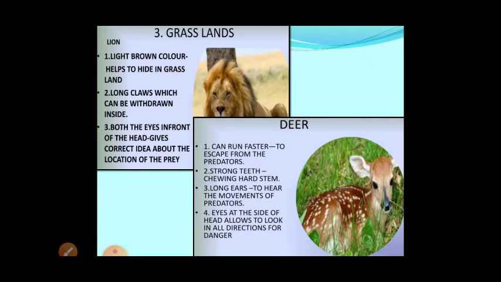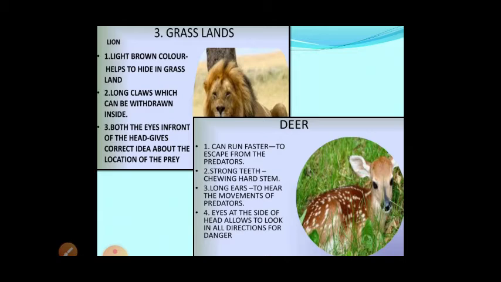It has broad teeth to cut the plants and to chew. Then if we observe the lion, its canine teeth are strong as it is a carnivorous animal.